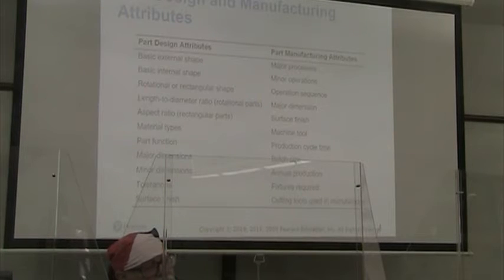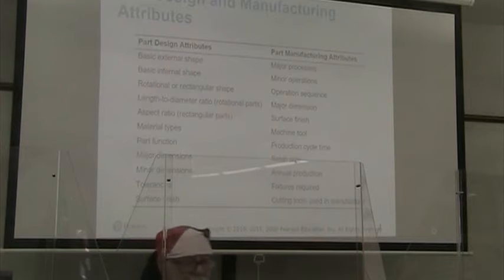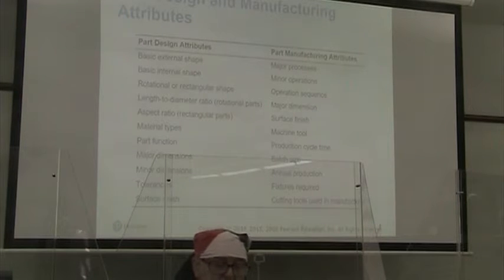All right, so when we talk about the design and manufacturing attributes, the part design attributes could be the basic external shape, the basic internal shape, a rotational or rectangular shape, length to diameter ratio, aspect ratio, the material type, the part function, the major dimensions, the minor dimensions, tolerances, or surface finish.